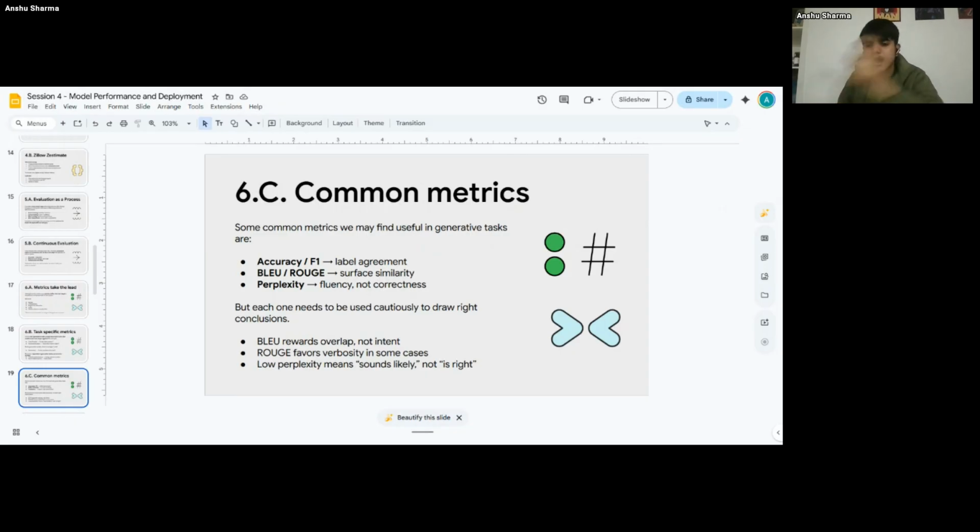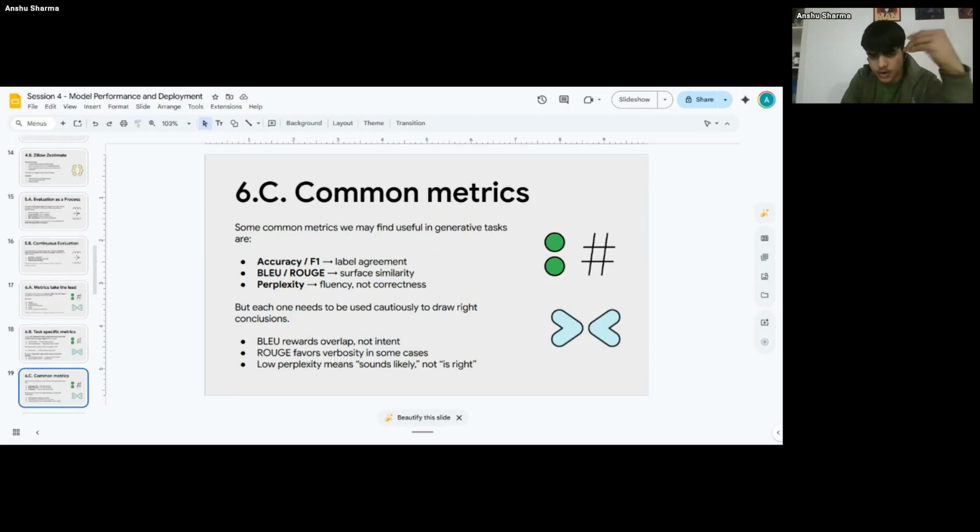So BLEU and ROUGE check word similarity. Is apple occurring in the output of the model because it's occurring in the output I desire? Is the word fruit occurring in the output of the model because it's occurring in the gold standard answer? So it evaluates surface similarity. There can be single word comparison, so word to word, is apple occurring?